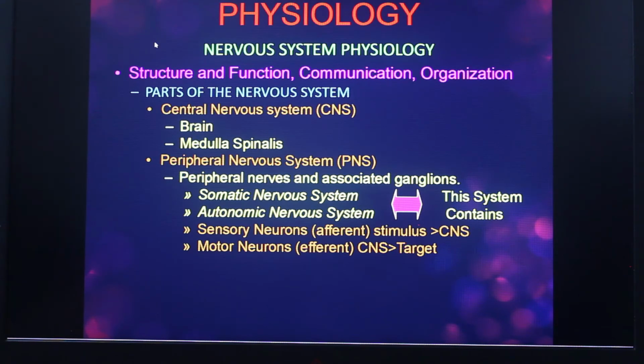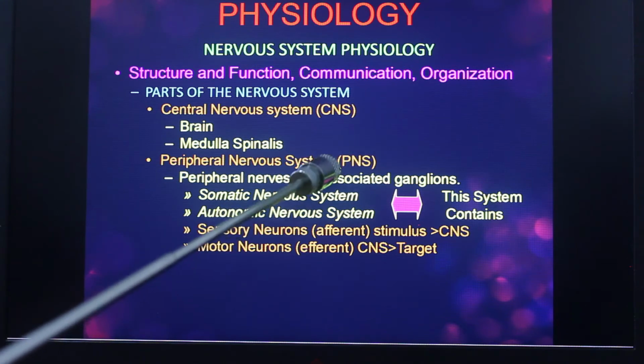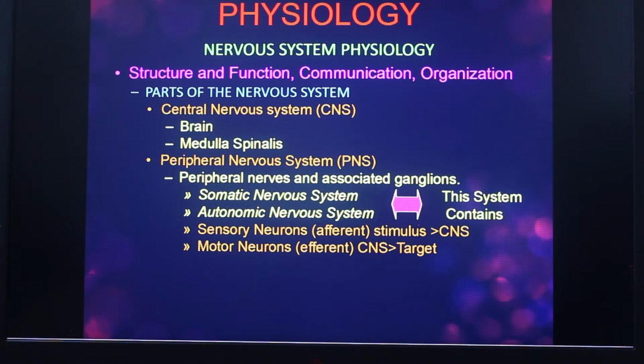Now, if we look at the parts of the nervous system, we can see that we have two main parts. The first one is the central nervous system, and the second one is the peripheral nervous system, which in short we can call CNS, central nervous system, and PNS, the peripheral nervous system.